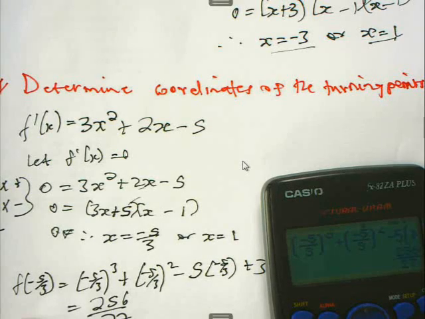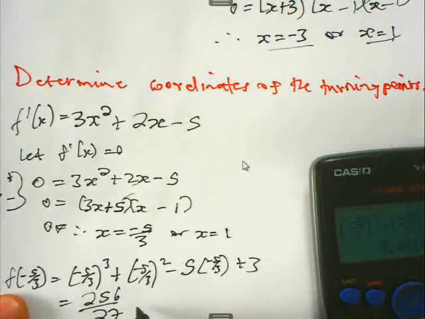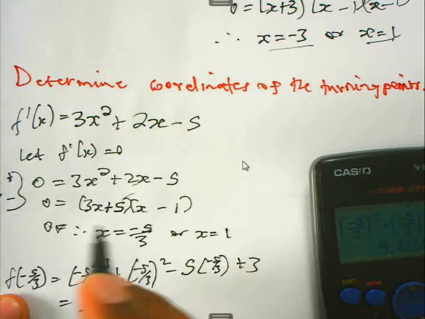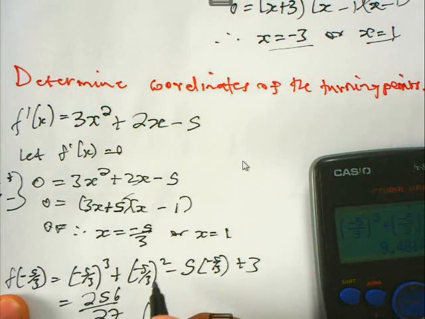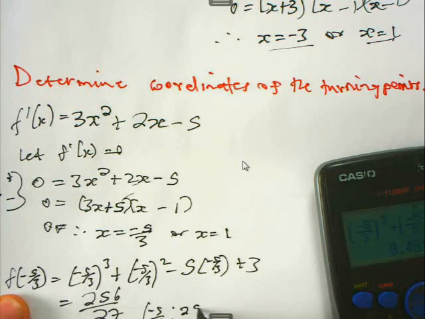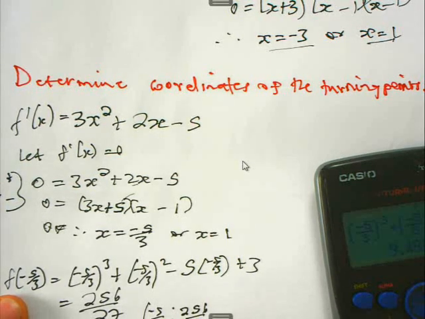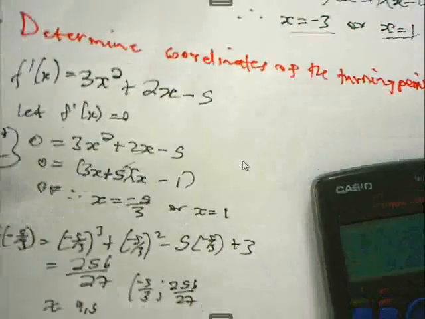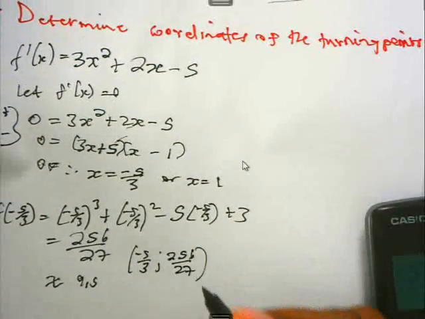Right, when you write this in decimal form, then we are going to have 9,5. Good. Now, in coordinate form, because they said you must determine the coordinates, then x is minus 5 divided by 3, and then y will be 256 divided by 27. Right. These are the first one.